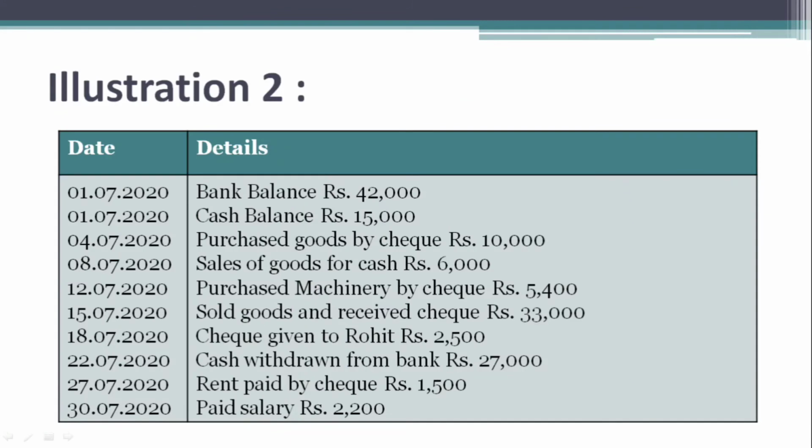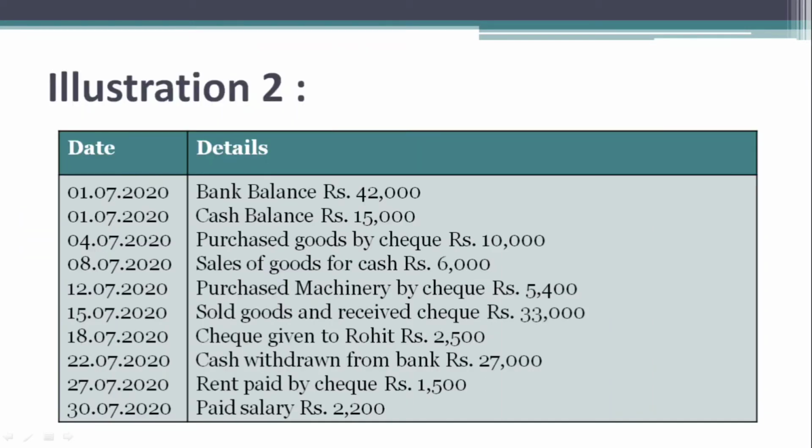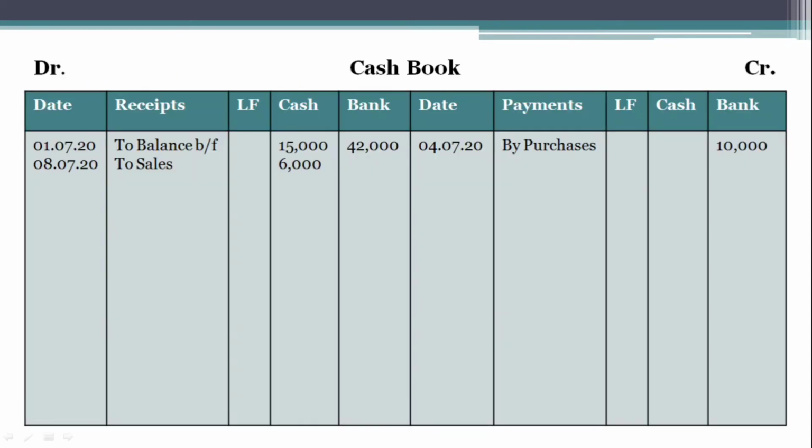Next, purchased goods by check rupees 10,000. So we write here by purchases rupees 10,000, and we write it in the bank column as it is clearly mentioned that we have purchased goods by check. Next, sales of goods for cash rupees 6,000. To sales 6,000 in the cash column as it was clearly mentioned.